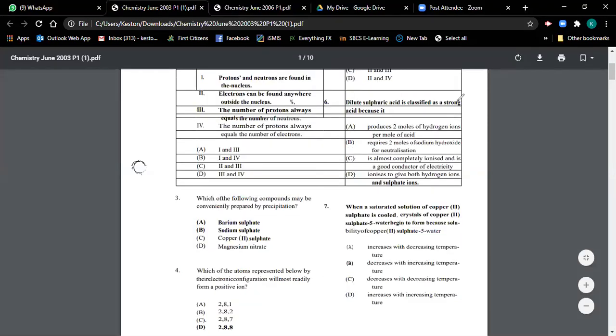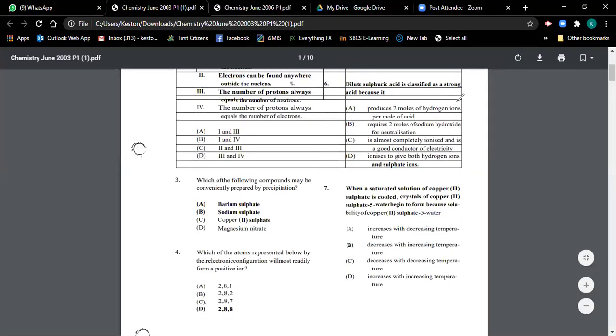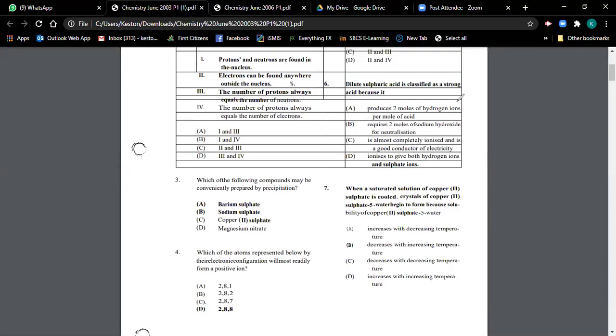3. Which of the following compounds may be conveniently prepared by precipitation? Precipitation. What are we looking for? We're looking for insoluble salts. Anytime you're doing preparation of insoluble salts, you use ionic precipitation.